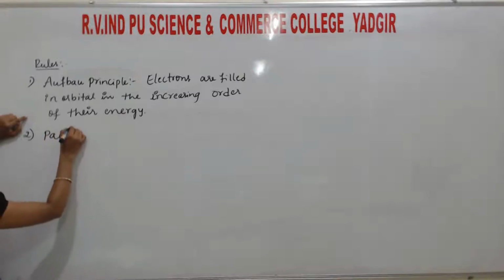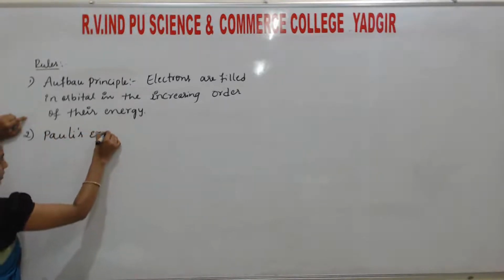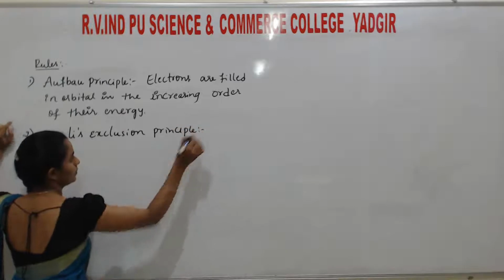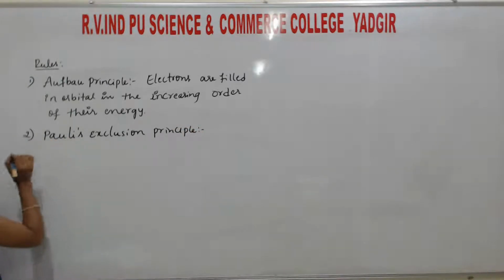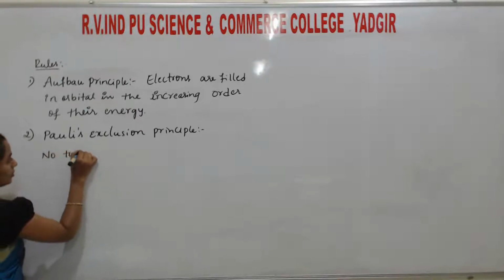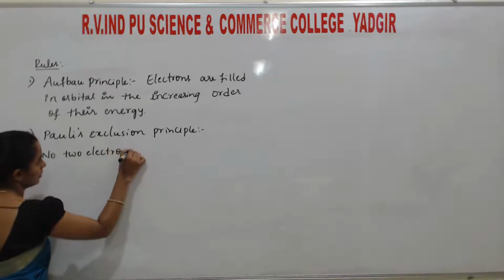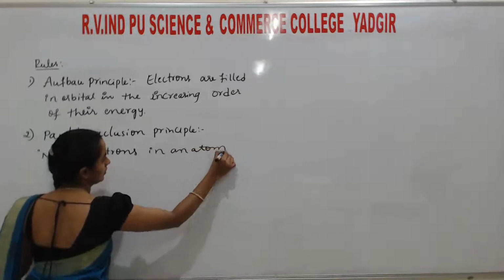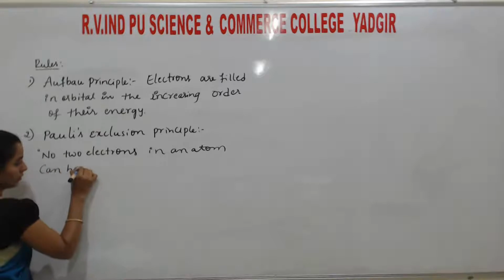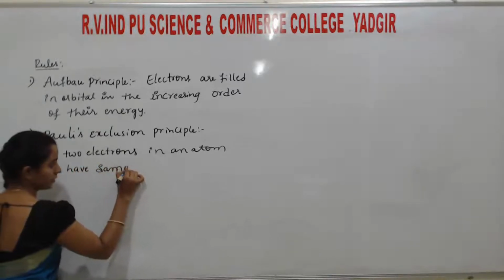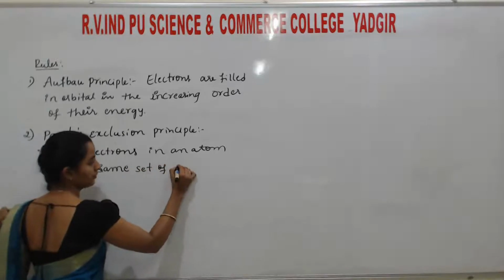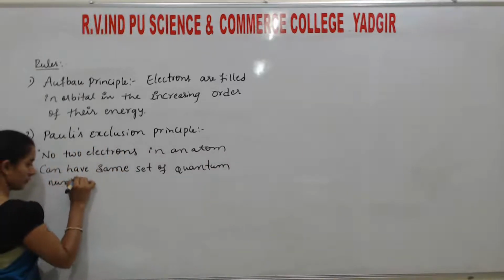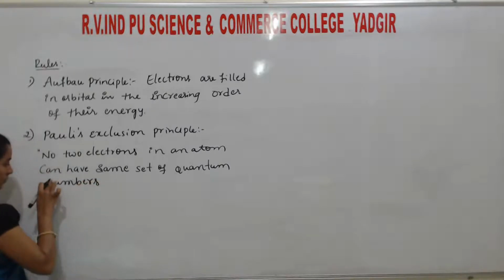Pauli's exclusion principle. What does this Pauli's exclusion principle say? So students, no two electrons in an atom can have the same set of quantum numbers.